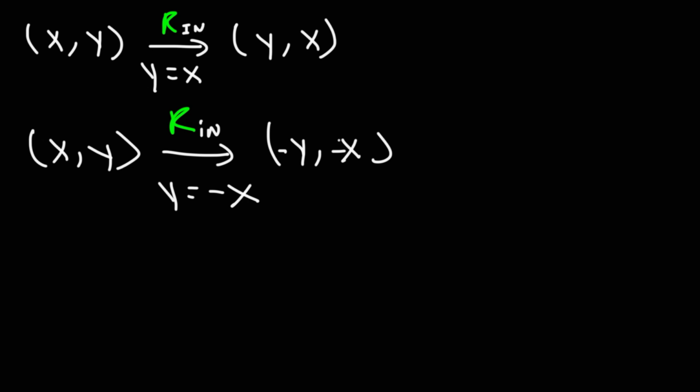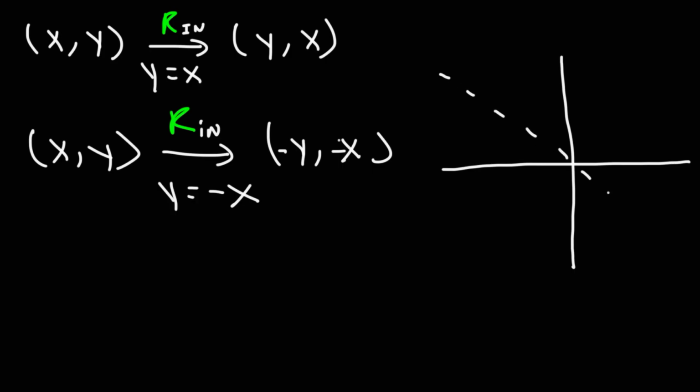Now let's draw a visualization of this. So here's the line y equals negative x. It passes through the origin like the other line. The only difference is it has a negative slope. Now let's draw two graphs.